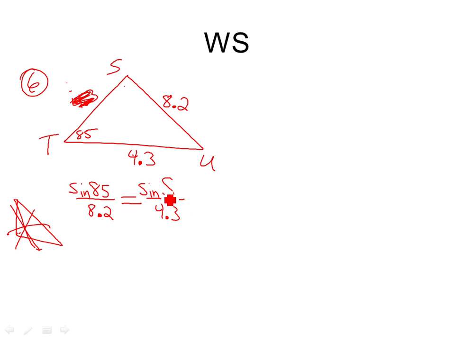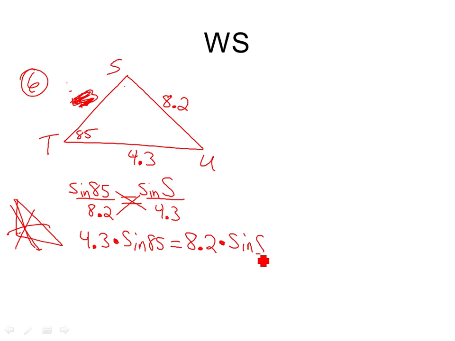Angle S up here, so big S. Same idea here, when I cross multiply, write 4.3 times sine of 85 equals 8.2, going the other way, times sine of S.